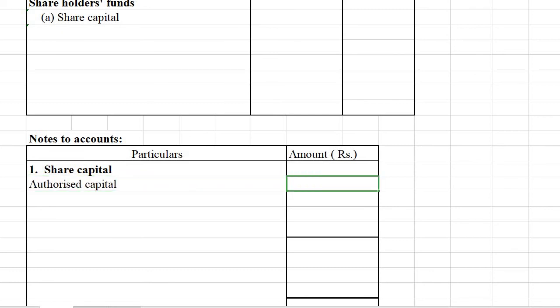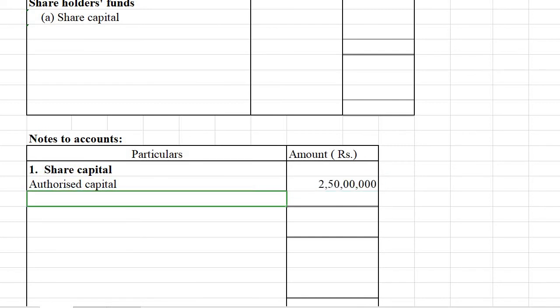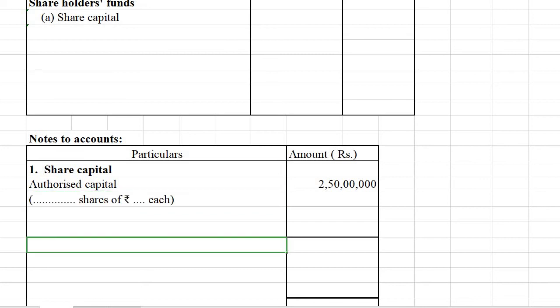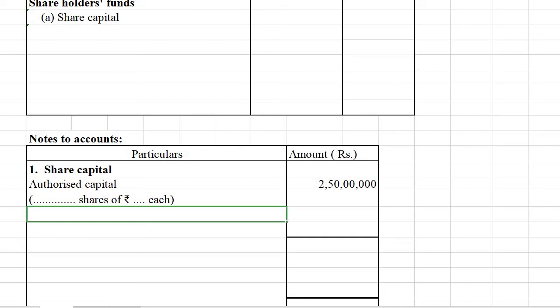Authorized share capital, it is given here 2 crore 50 lakh. But it is not given how many shares are there for how much each. So we have mentioned by giving dash here. If the number and rate is given, we have to write accordingly. Since in this question it is not given, we are giving it as blank.